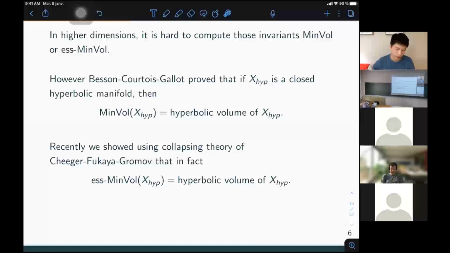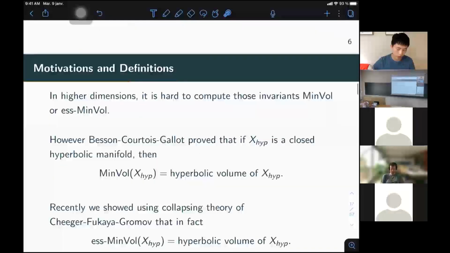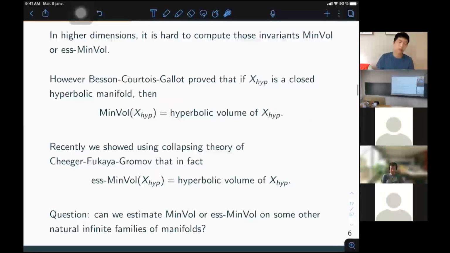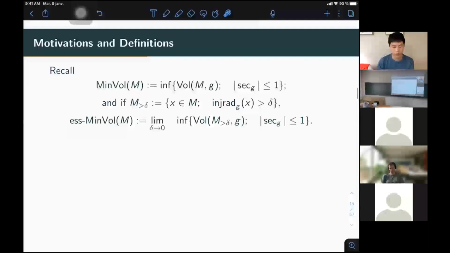But you can ask the following question: can you at least estimate the minimum volume or the essential minimum volume of some natural infinite families of manifolds? This is what we want to do with Einstein manifolds and complex surfaces in dimension 4.